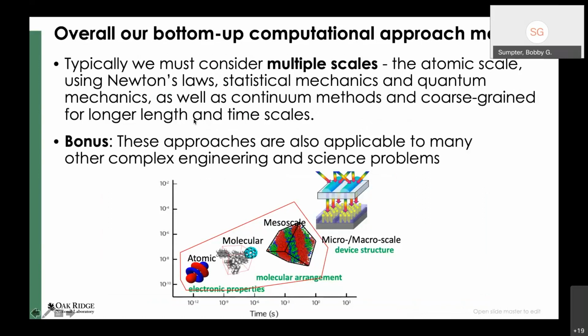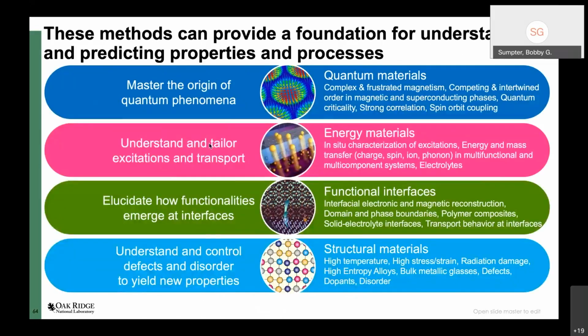Again, there is great bonuses because it's not all about just treating chemistry and materials and physics. It also allows us to look at a gamut of different complex engineering problems as well as other types of science problems. So it's a pretty enabling set of approaches in this suite of techniques that currently exist and are also continue to develop and improve.